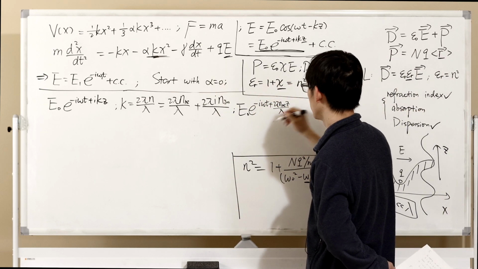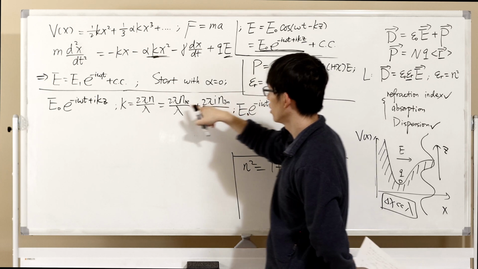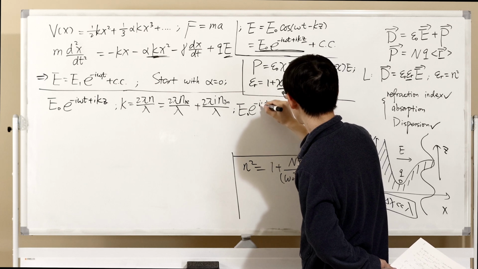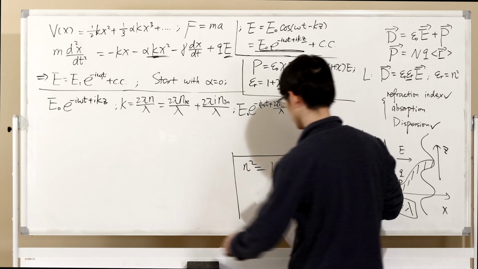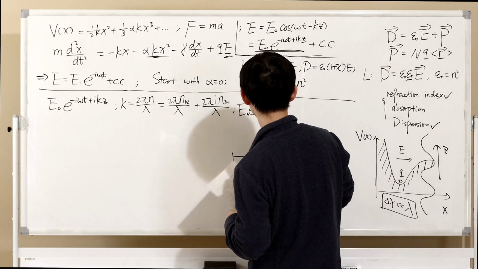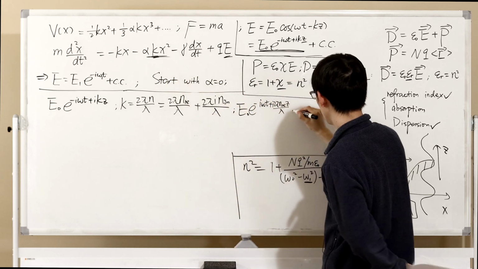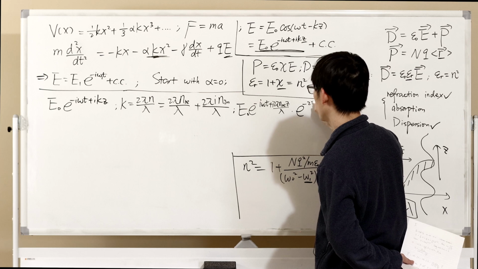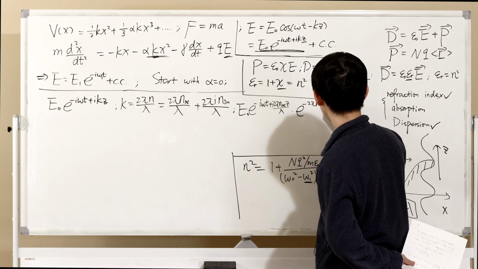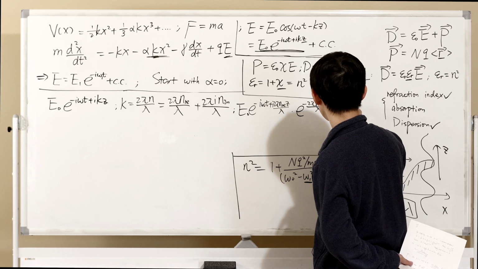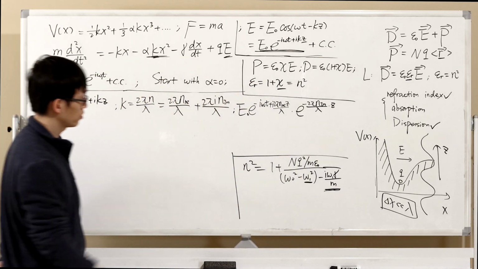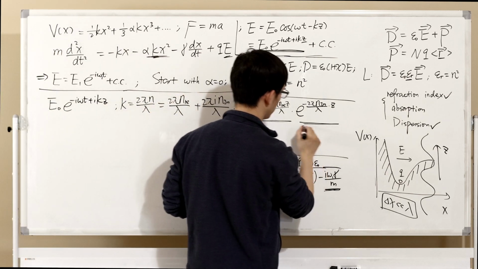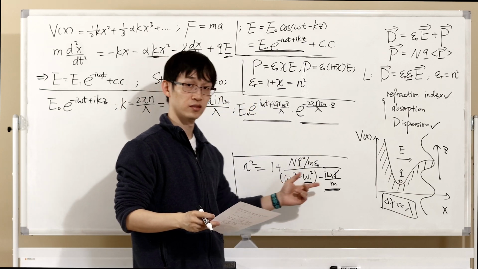And then the imaginary i multiplied with this i becomes minus 1, so you get an exponential term: minus 2 pi n imaginary, divided by lambda, times z. This part is the same as before, as if the refraction index is a real number, and this term is the new term that arises because your refraction index can now be a complex number.